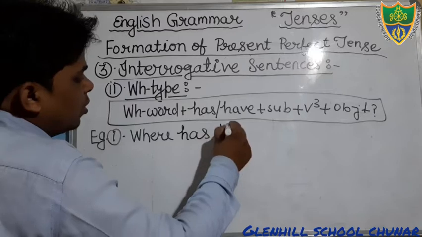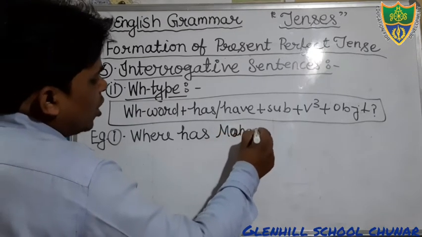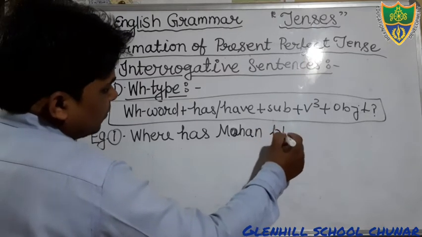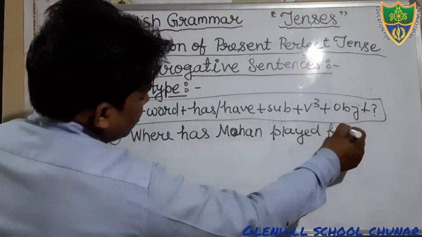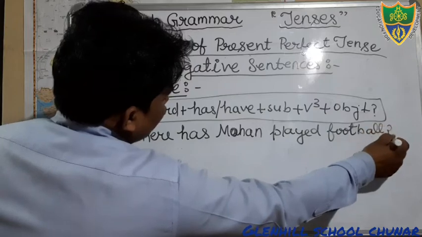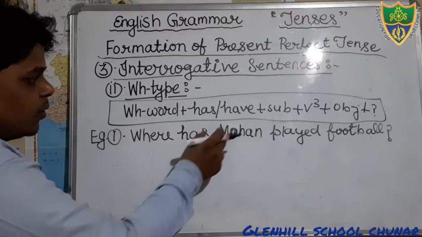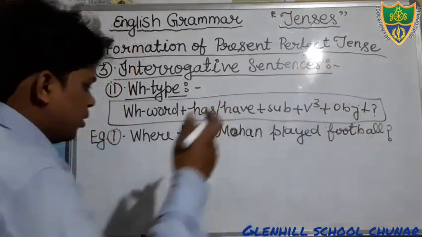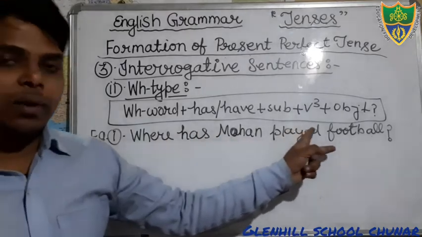Where has Mohan played football? Question mark. Just here, that is your WH word, that is your helping verb, that is your subject, that is your third form of the verb, that is your object. Okay students, so just see here, where has Mohan played football?